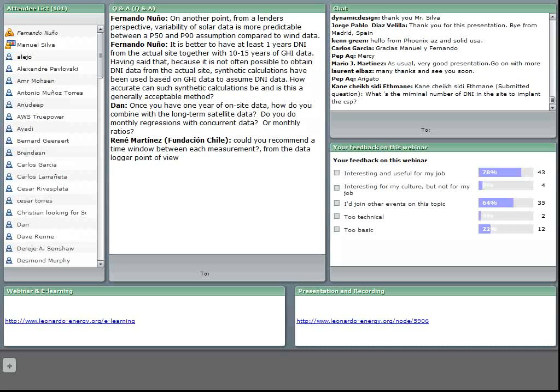It depends on the memory of the device, and on the type of connection. If it's for solar resource assessment for a project, I would say 10-minute data are good enough. 10 minutes, 5 minutes.